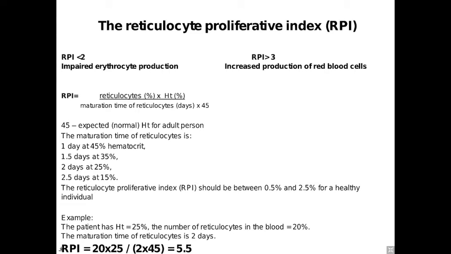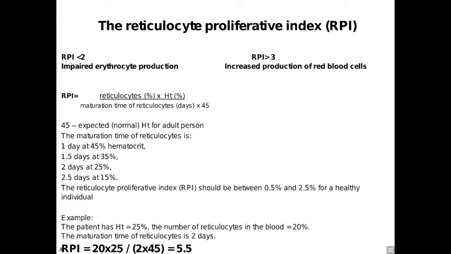Because in all cases when the blood volume is increased and hematocrit is low, we must consider the situation when fluid accumulation will affect the reticulocyte count. And that's why we need to consider the ratio between the hematocrit divided by 45. This is the ratio between the current hematocrit and the expected or normal hematocrit for an adult person. Another element of this formula, maturation time of the reticulocytes in days, also commonly correlates with the hematocrit.